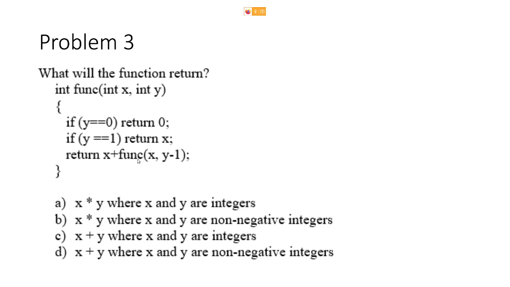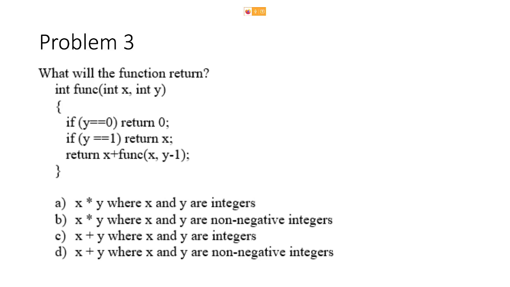Here there are two base cases. Base case is necessary so that whenever one of these two statements is true, it will actually return. That ensures that the recursion will terminate at some point of time.